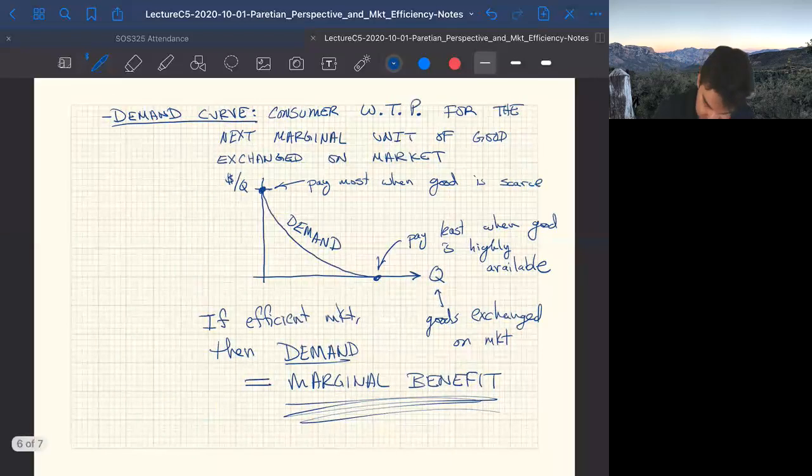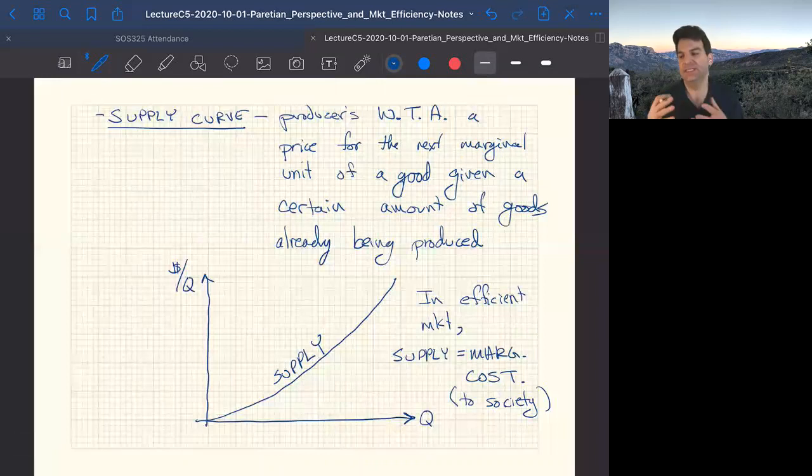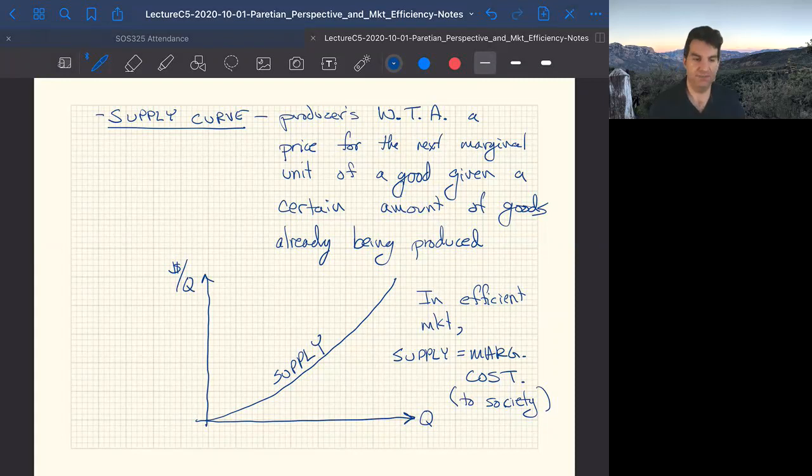And likewise, if I were to flip back, this marginal benefit, you could view this as a marginal benefit to society. In an efficient market, demand is equal to marginal benefit to society. In an efficient market, supply is equal to marginal cost to society. But there are tons of markets, like in the case of emissions, where these two things are not equal. If you can emit only paying the cost of the electricity you needed to run the machines that generate the emissions, but your emissions are putting a cost on someone else that you're not paying, then your supply curve is going to be under the marginal cost curve for society.